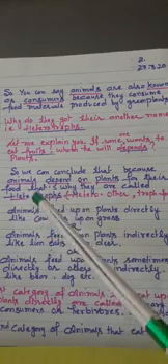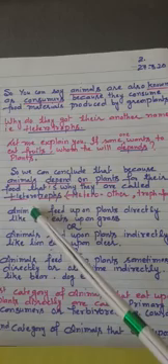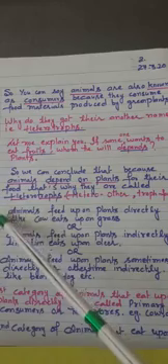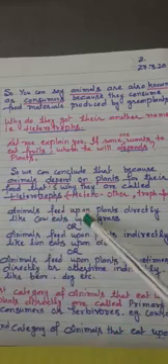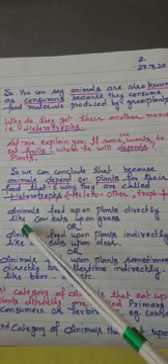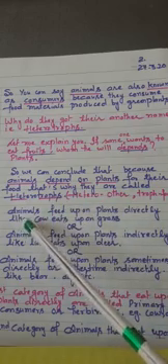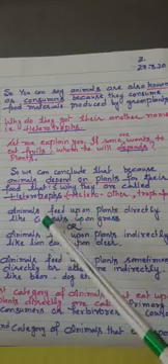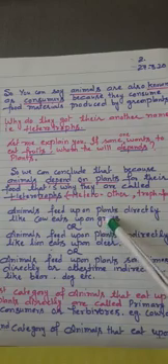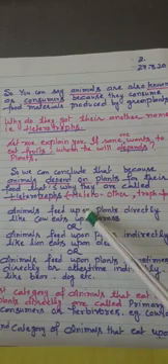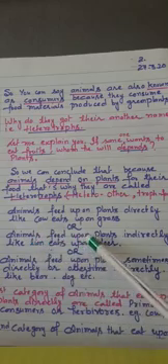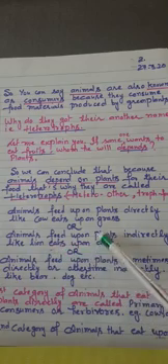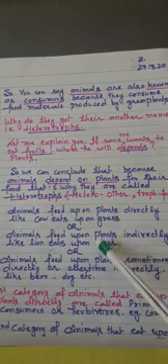Now dear student, on the basis of eating habits, animals are of three types. Here I wrote for you, animals that feed upon plants directly. For example, cow eats grasses. Here cow directly eats grass, so this is the first category. Second, animals that feed upon plants indirectly, like lion eats deer.